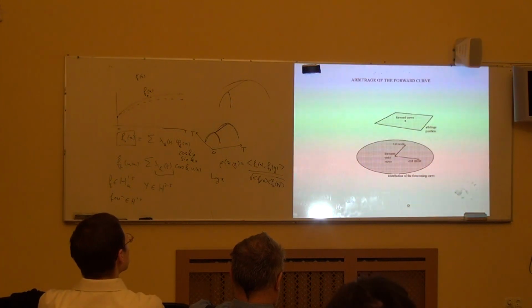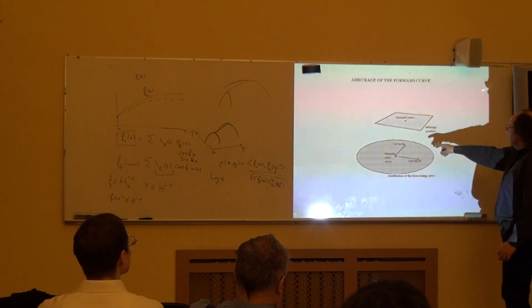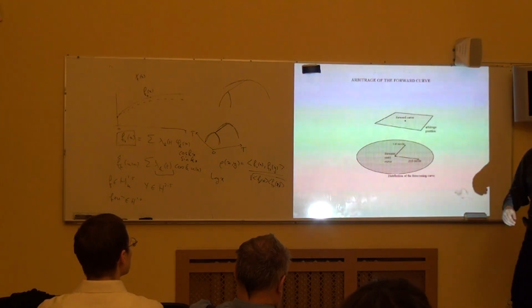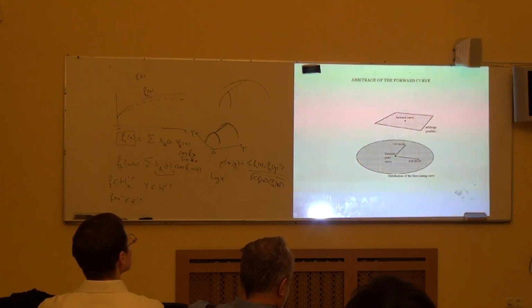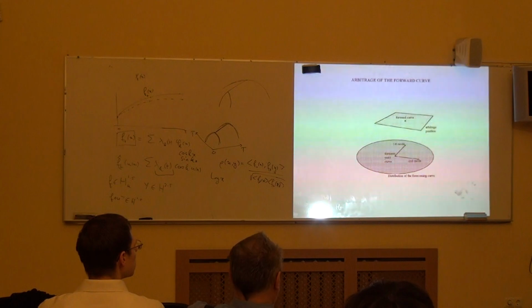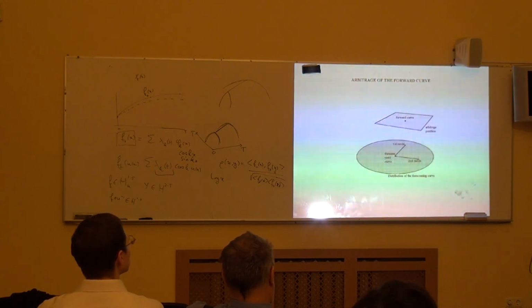this arbitrage condition, saying that the evolution of the forward curve should lie in the space of, you see, the evolution of the curve is made of an uncertainty due to volatility and a drift.